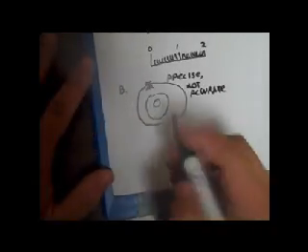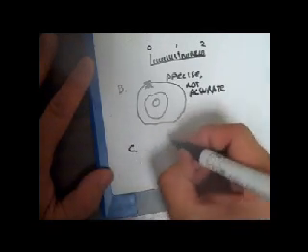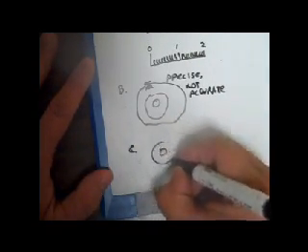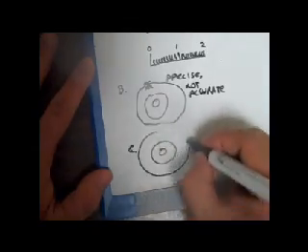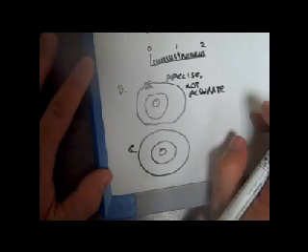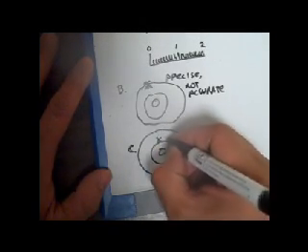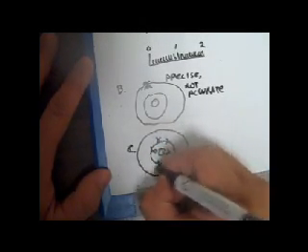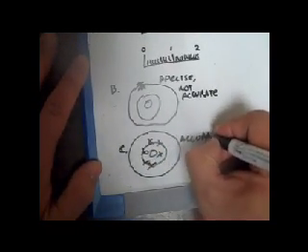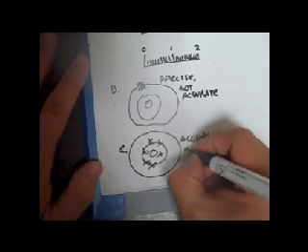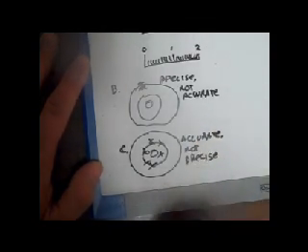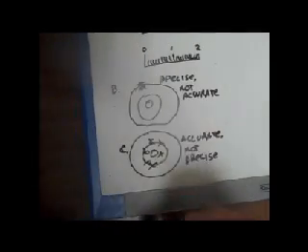Now the next scenario, which is more undesirable, is like so. You might get something that's accurate, but not precise. There's the bullseye.